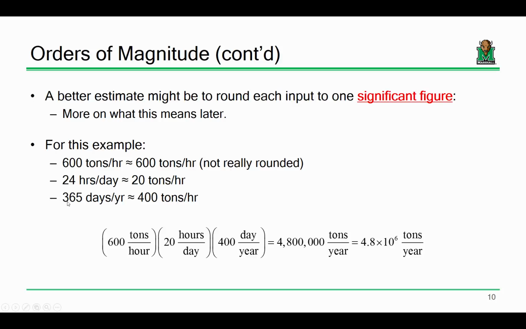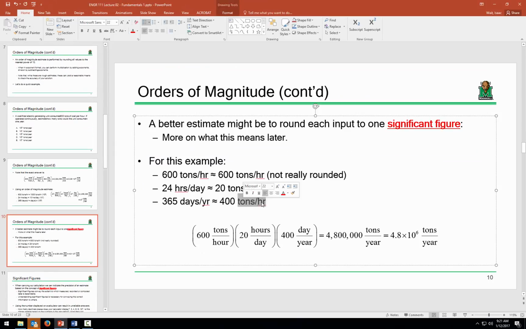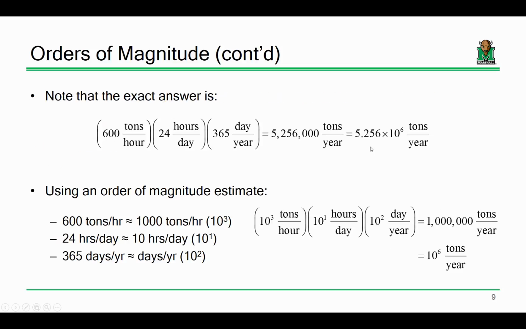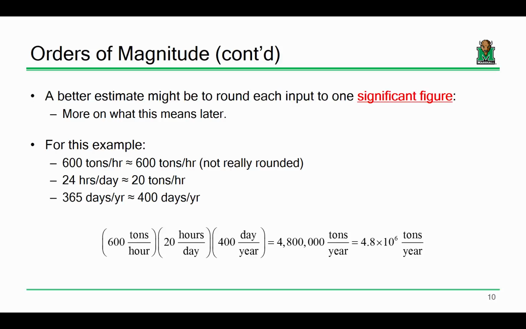And likewise with 365, it's a lot more accurate for us to say that there's about 400 days per year. All right. So if we do that calculation, then that gives us 4.8 million tons per year. And if you remember, our exact estimate was 5.2. So by improving the accuracy by one significant figure, that gets us a lot closer to the correct answer that we already know about.